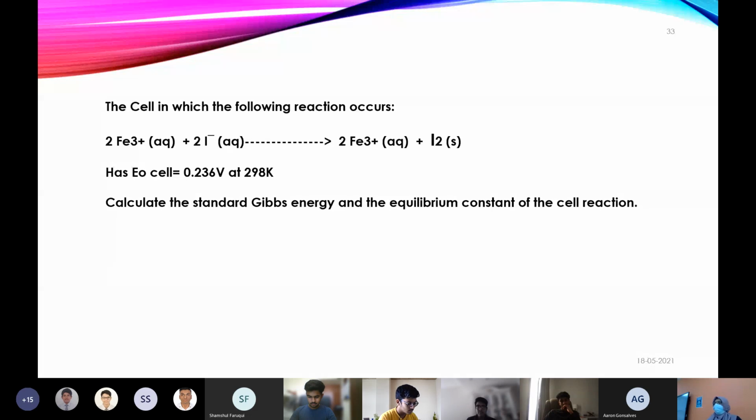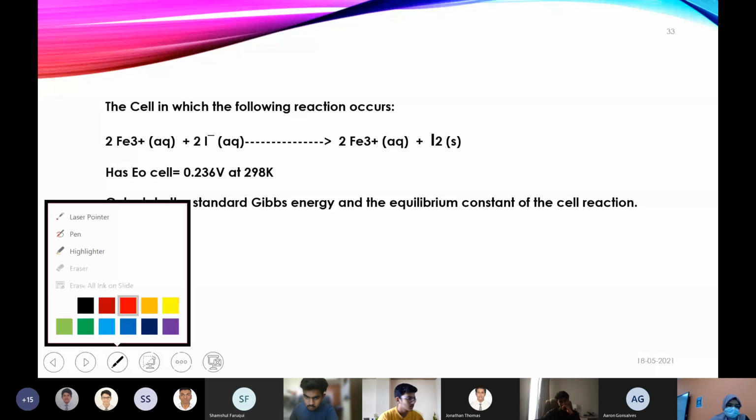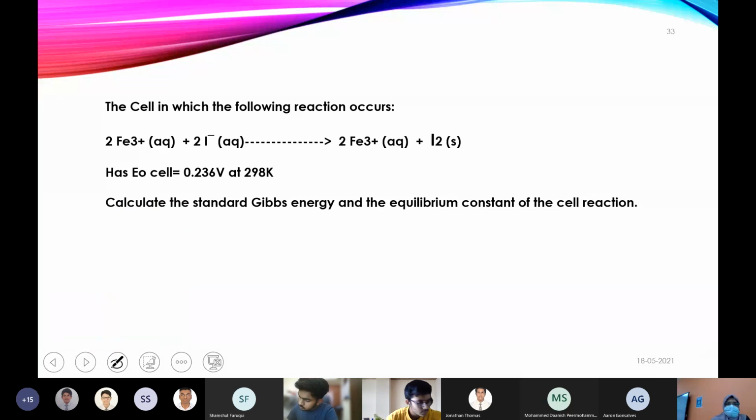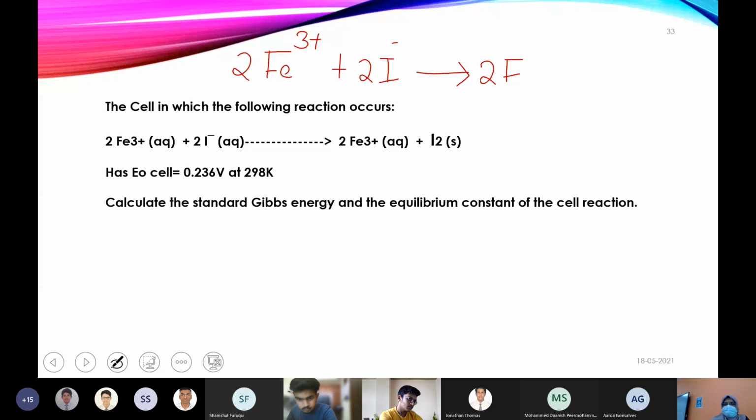The cell in which the following reaction, so the cell reaction is already given, 2Fe3+ plus 2I minus giving... so actually it should be Fe2+, sorry. Otherwise it's not correct.